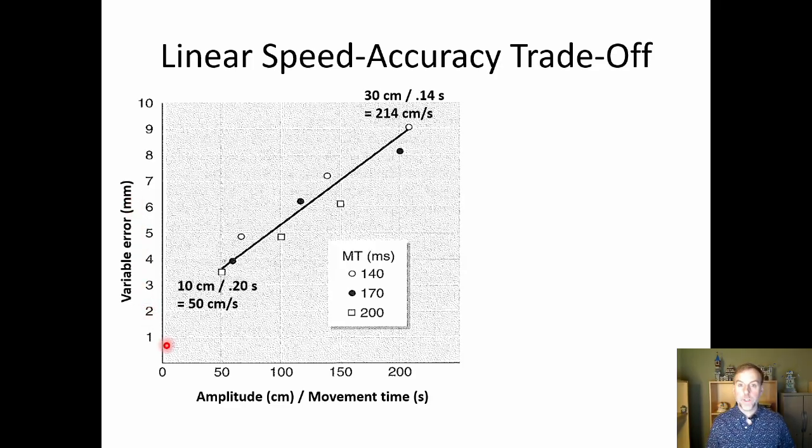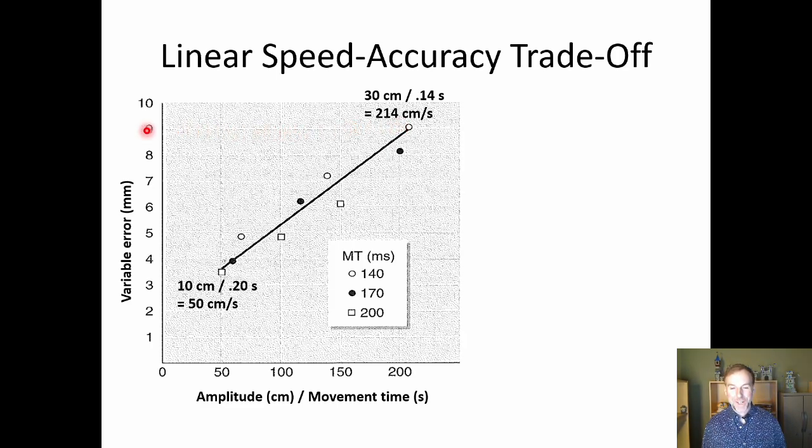Here are those two conditions I pointed out on the last graph. The easiest one, with the lowest variable error, has a mean velocity of 50 and a variable error of 3.5. As the task gets harder, until the hardest condition, we have a mean velocity of about 200 centimeters a second and a variable error of about 9.